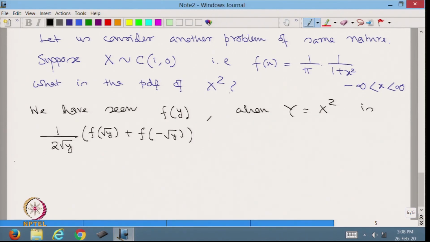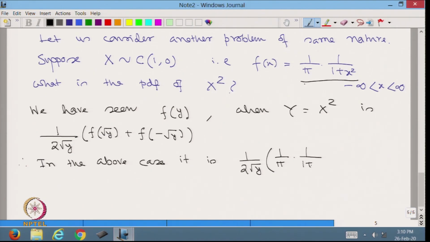Therefore, in the above case, it is 1 over 2 root y into 1 over pi into 1 upon 1 plus y, because root y square is y, plus 1 by pi into 1 upon 1 plus y, is equal to 2 upon 2 root y multiplied by 1 over pi into 1 upon 1 plus y is equal to 2, and 2 gets cancelled.